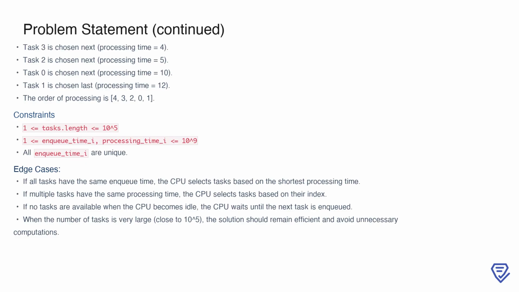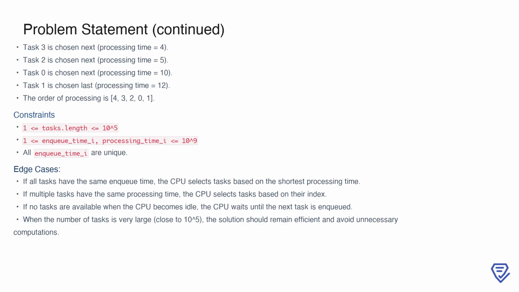After completing task 4, the CPU processes task 3, which has the next shortest processing time of 4. Next, task 2 is selected with a processing time of 5. After that, task 0 is processed, taking 10 units of time. Finally, the CPU processes task 1 with a processing time of 12. The processing order for this example is 4, 3, 2, 0, 1.